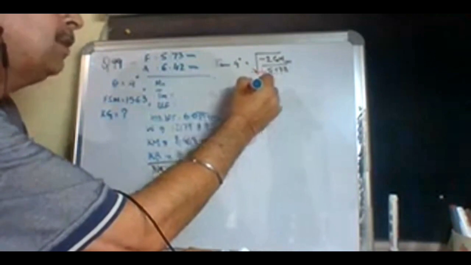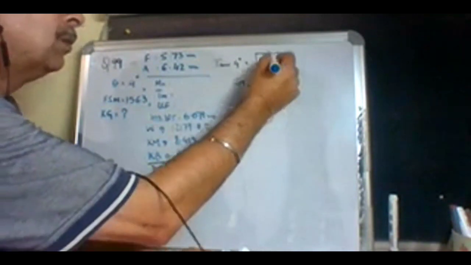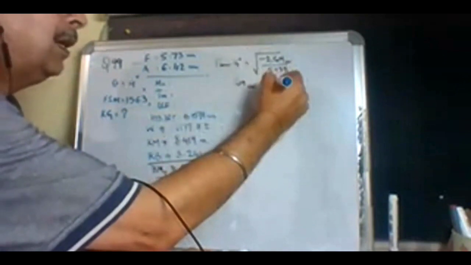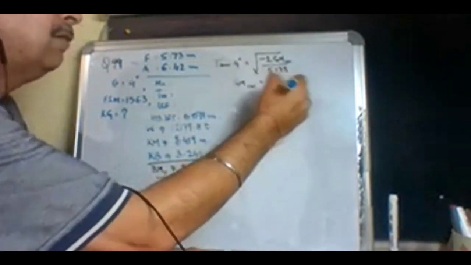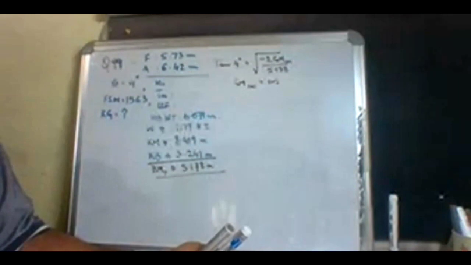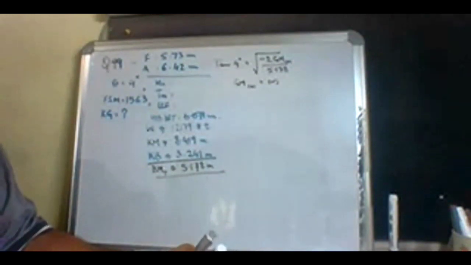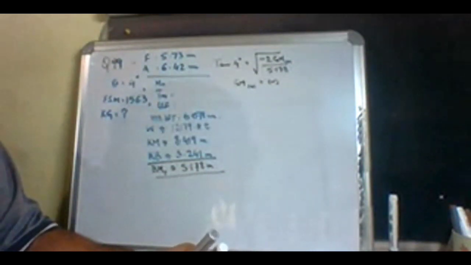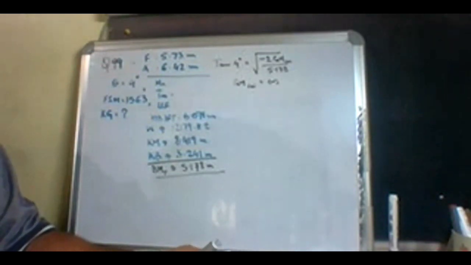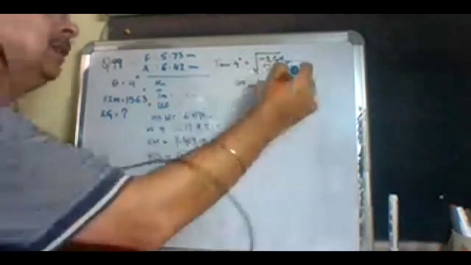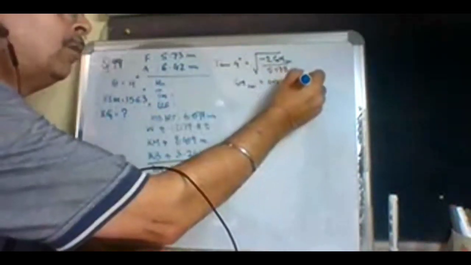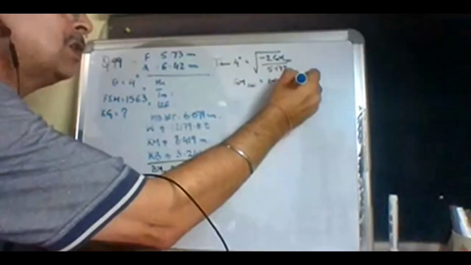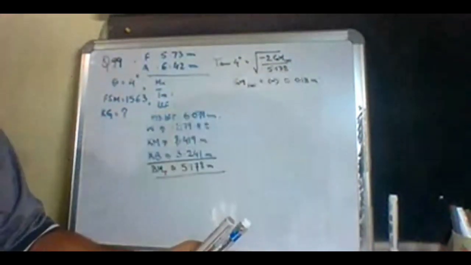So what you are finding out is the GM value by squaring it, and that would give you the negative value, whatever you will get. So the GM value comes as equal to 0.013, and since she is at an angle of loll, therefore it will be a negative value.